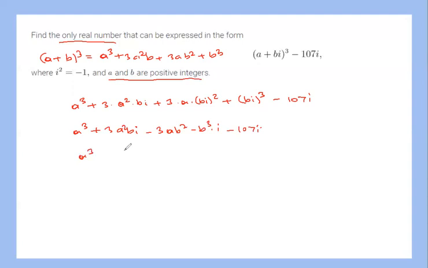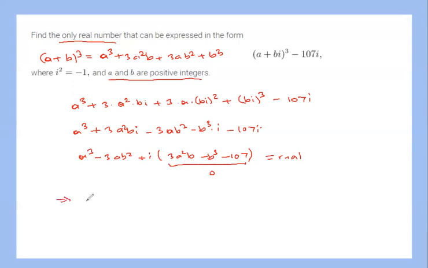That will give us a cube minus 3ab squared as the real part, and then if I pull i out as a factor, the remaining part is 3a squared b minus b cubed minus 107. Because we are told there is only one real number that can be expressed in this form, the coefficient of i should be 0.